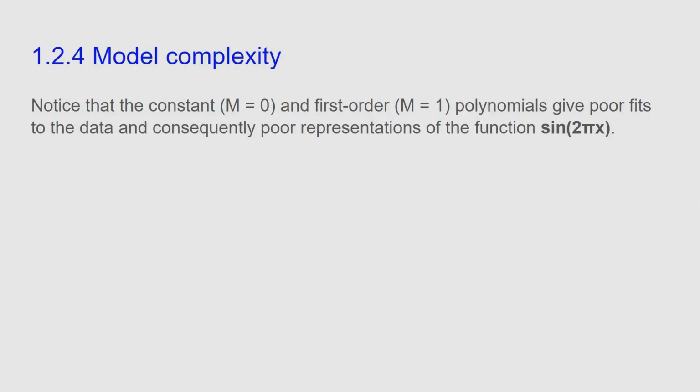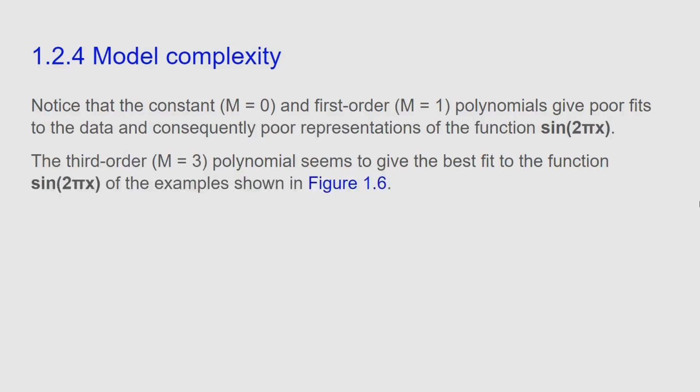Notice that the constant M = 0 and first order M = 1 polynomials give poor fits to the data and consequently poor representations of the function sin(2πx). The third order M = 3 polynomial seems to give the best fit to the function sin(2πx) of the examples shown in Figure 1.6.